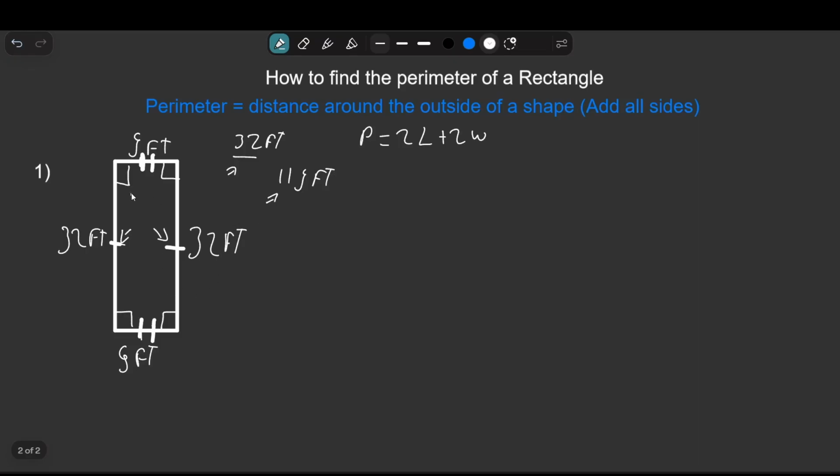Also, I put symbols at the corners of the rectangle, and they look like this. This means all the corners have a right angle, which means 90 degrees.